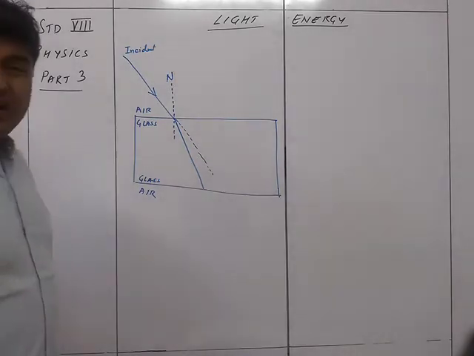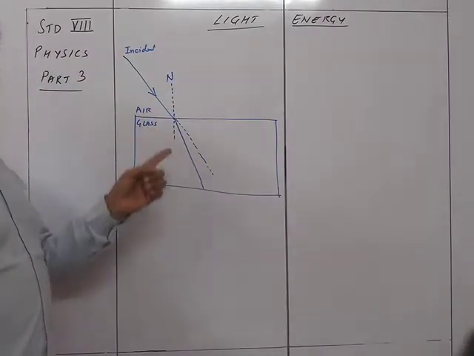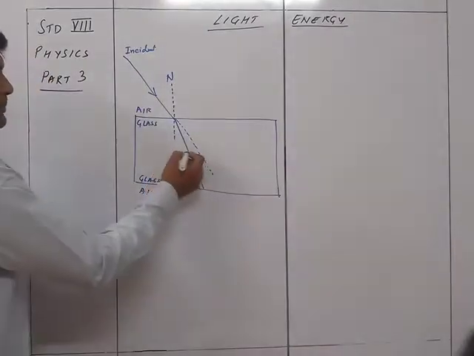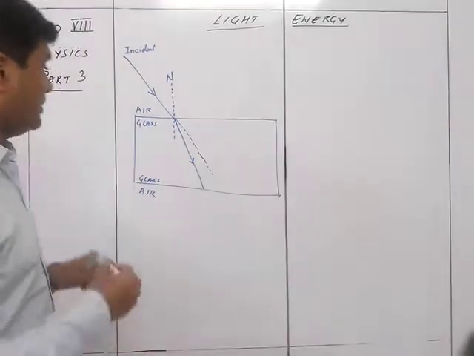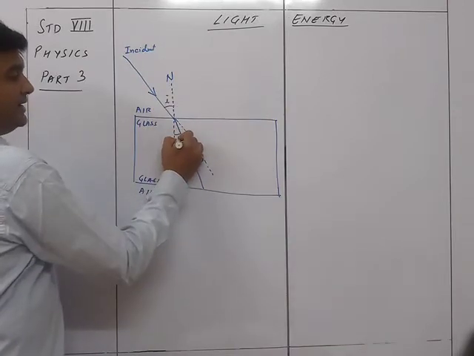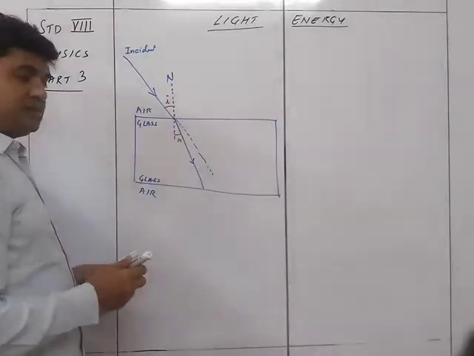So this is what is going to happen over here. If I want to mark the different angles, I know that this angle is I, this angle is R. Angle of refraction, the angle of incidence.